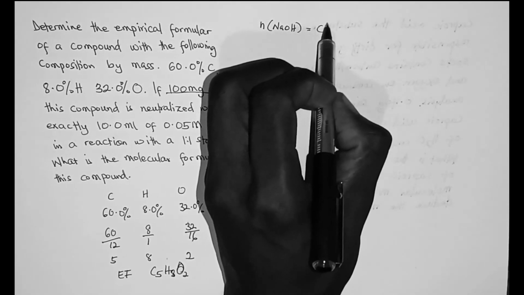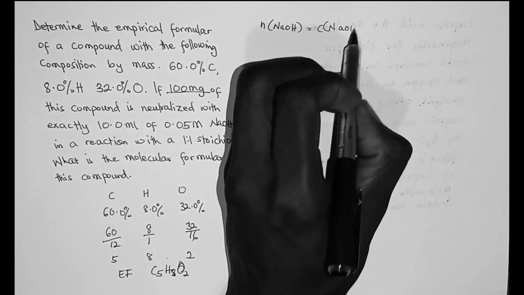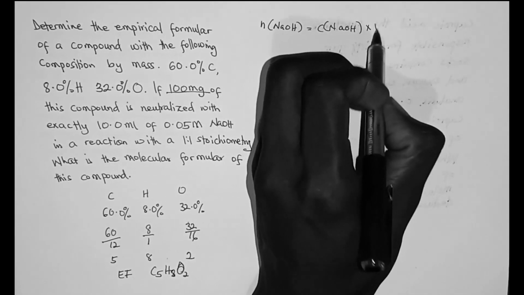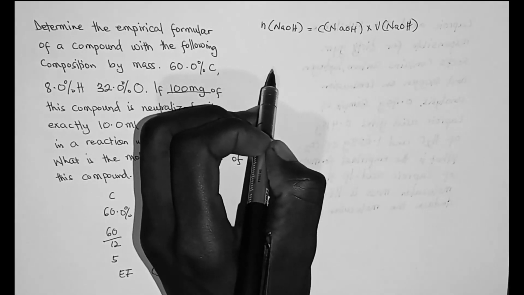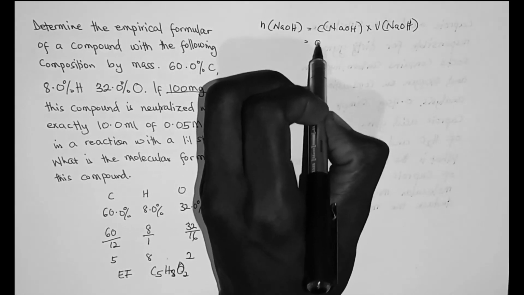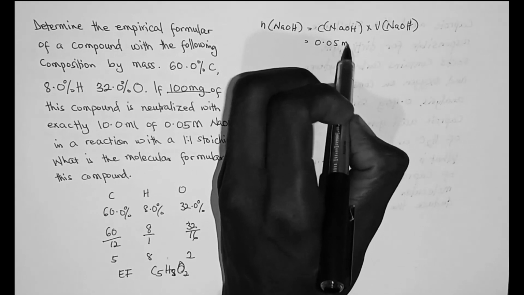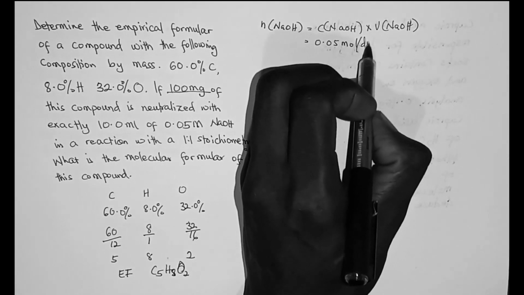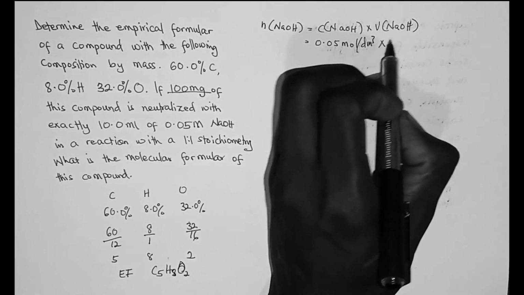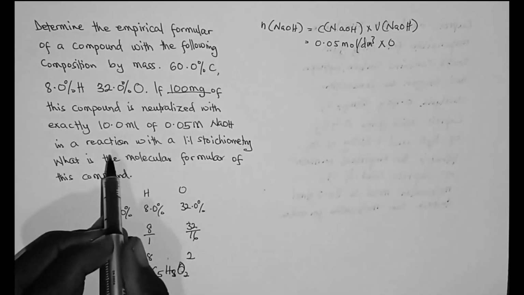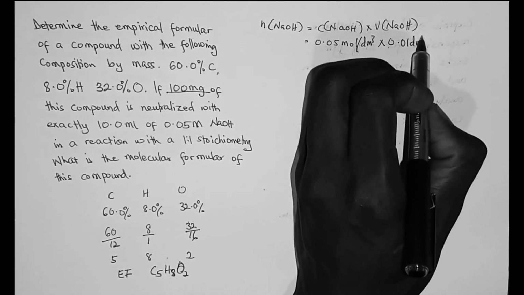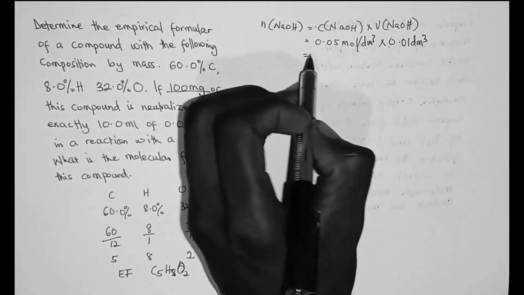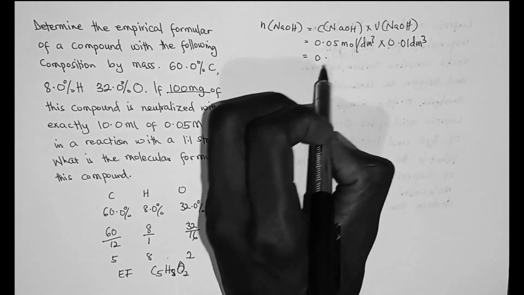The number of moles of sodium hydroxide is equal to the concentration of sodium hydroxide times the volume of sodium hydroxide. We are given concentration as 0.05 mole per decimeter cube, and the volume is 10 mils, and 10 mils is the same as 0.01 decimeter cube.